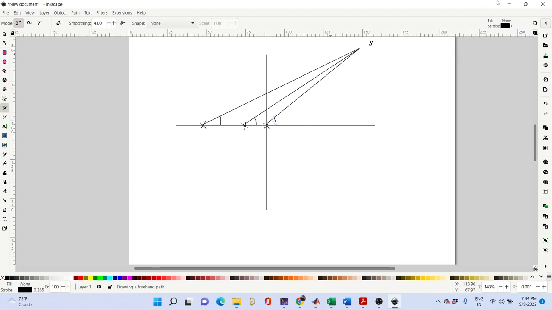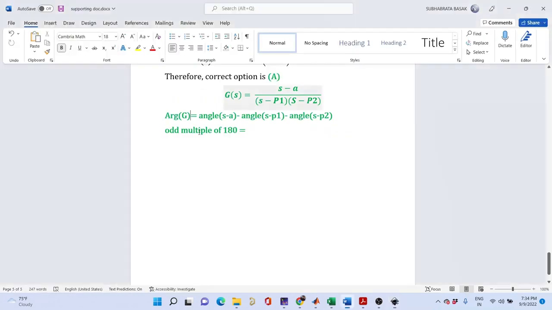They are almost equal. So if they are equal, then what do you get? So if theta is the angle, then who is contributing to the positive angle?